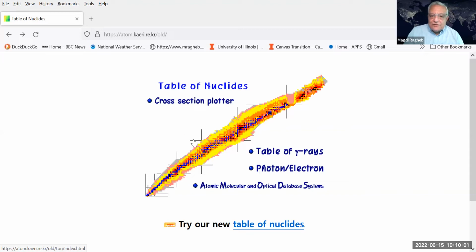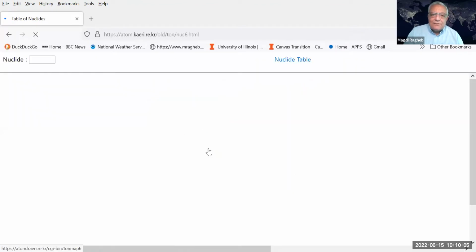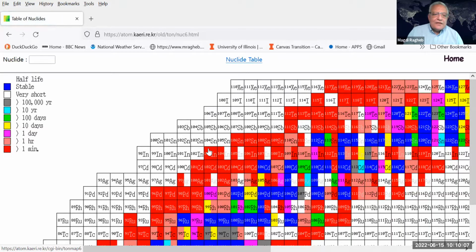Let's see how we can use a chart of the nuclides to access data about the radioisotopes and elements. If you click on it, you'll find again here more detail about the blue squares. These are elements at random here that exist in nature. You go below it, you get all those different other isotopes that are created by humans.